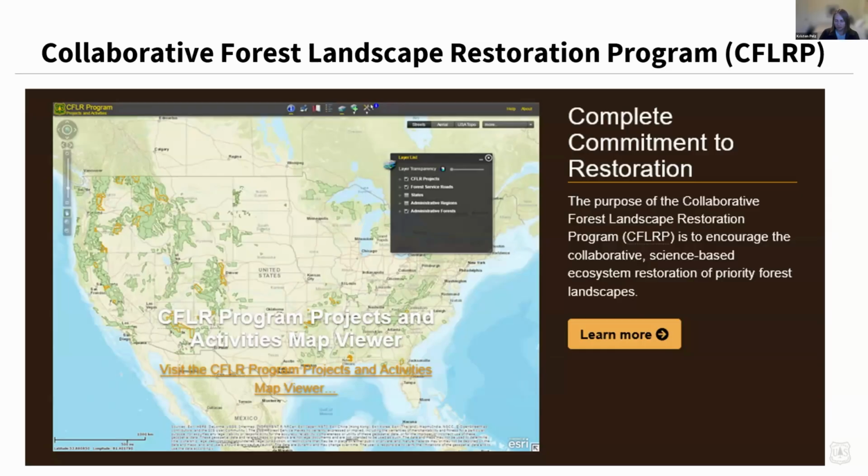So there's definitely a fire focus, especially in the West, where I'm most familiar. And there's also a requirement to demonstrate the degree to which these treatments achieve their ecological and economic objectives, which is where the monitoring requirement comes in.